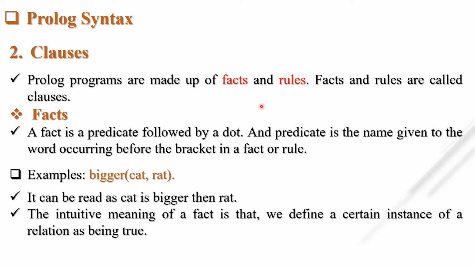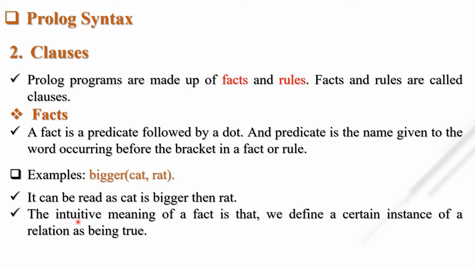Now we see what is a fact and what is a rule. A fact is a predicate followed by a dot, and a predicate is the name given to the word occurring before the bracket in a fact or rule. For example, bigger(cat, rat). At last we have to put a dot. So this is a fact that cat is bigger than rat.